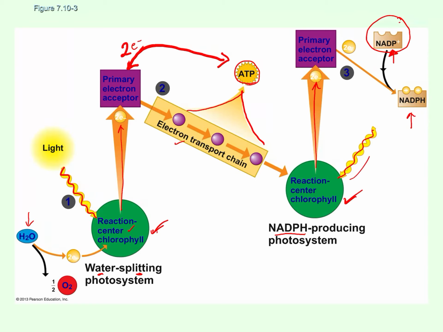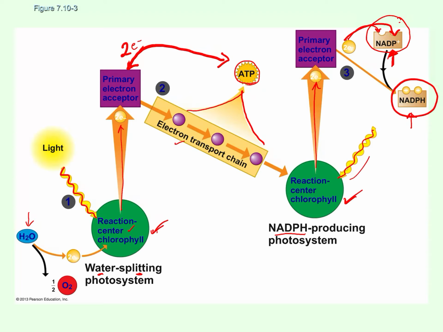Okay, so remember NAD was used in cellular respiration, and now it's NADP for photosynthesis. But it's the same deal. Those 2 electrons are going to get carried in the Uber, okay, and they're going to make a molecule of NADPH.